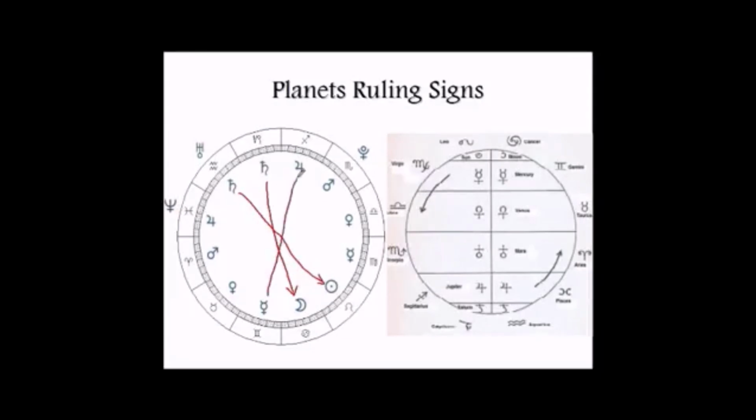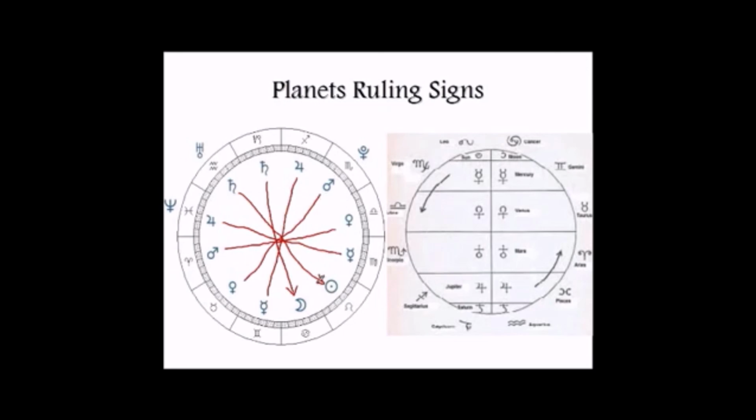Mercury and Jupiter also always rule signs opposite each other. Mercury is a small planet associated with detailed analysis. Jupiter is a big planet associated with broad understanding. Mars and Venus, love and war, boy and girl, are also always opposite each other on this rulership wheel.